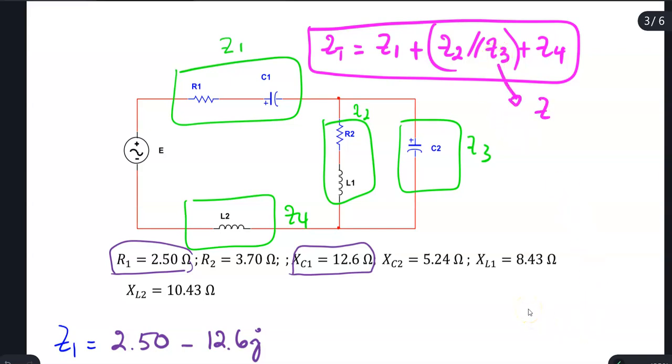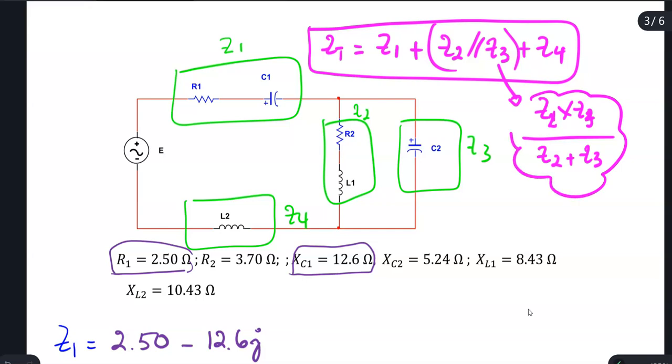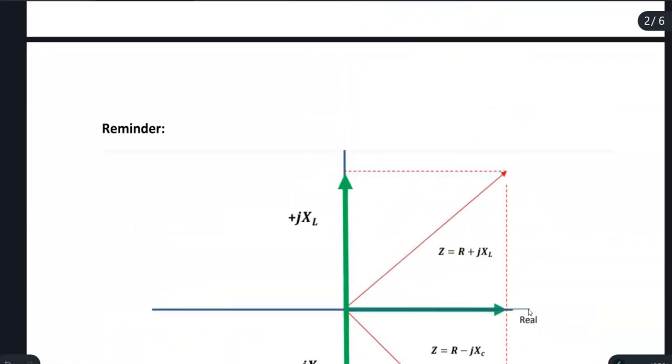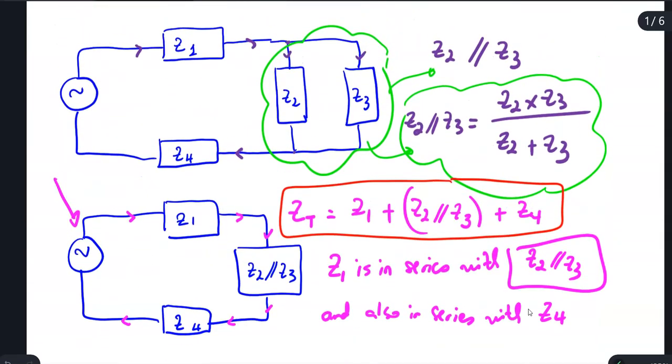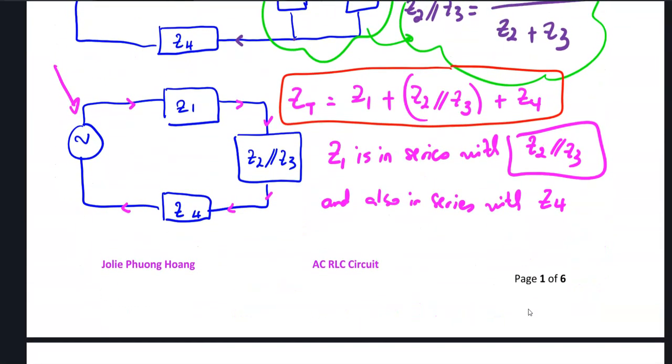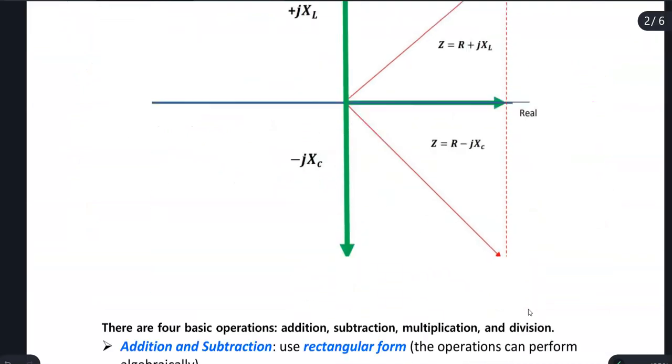Okay, so Z2 times Z3 divided by Z2 plus Z3. I just want to make sure that I have the correct formula up here: Z2 times Z3, Z2 plus Z3.